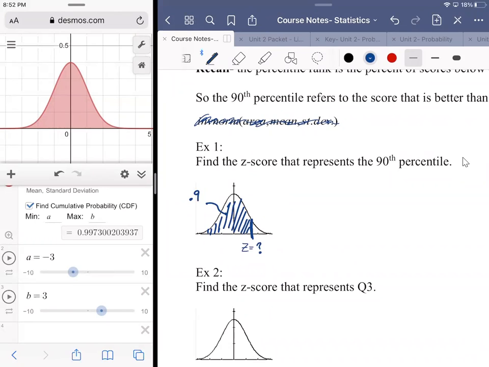All right. So one way you can handle this would be to say that I have the probability that z is less than some number. We don't know what that number is, so I could put a question mark, or a variable, p for probability, a for area if you want, is equal to 0.9.